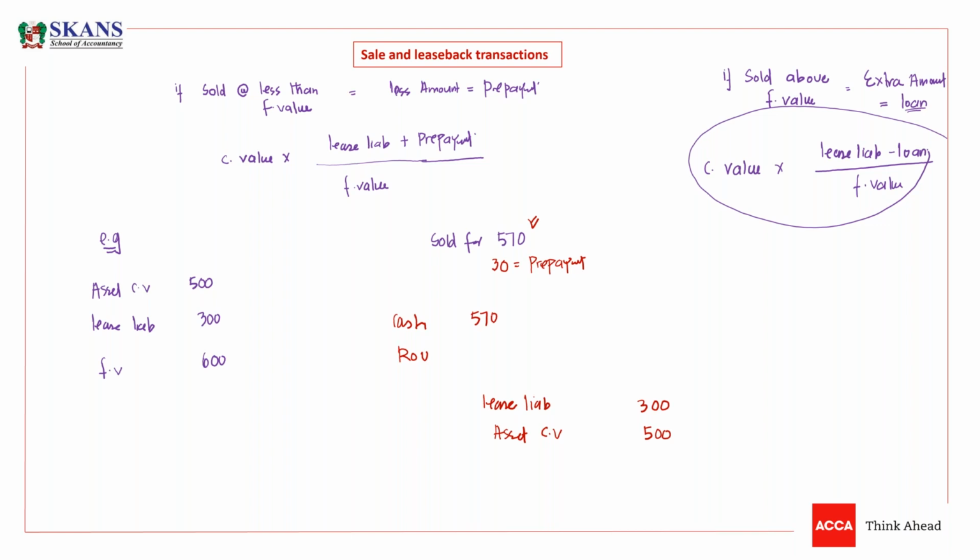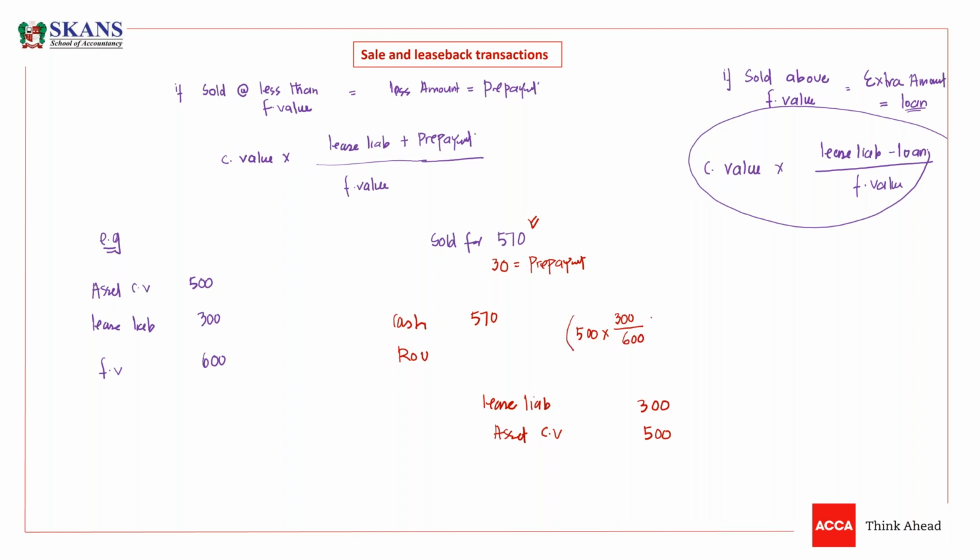Now what is the formula? Apply the formula: you need to take the carrying value, which is 500, multiply it by the lease liability, which is 300, divided by fair value, which is 600.